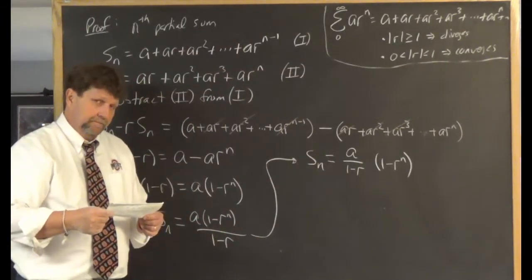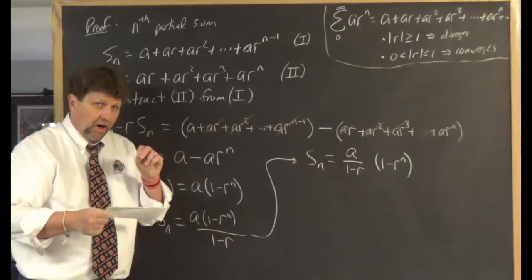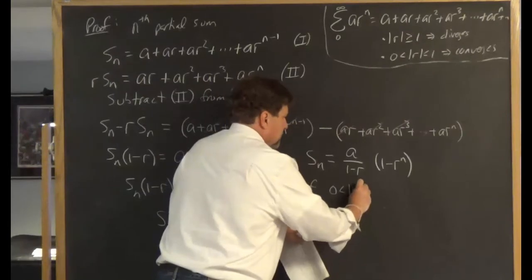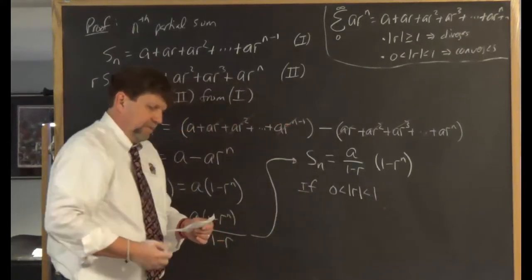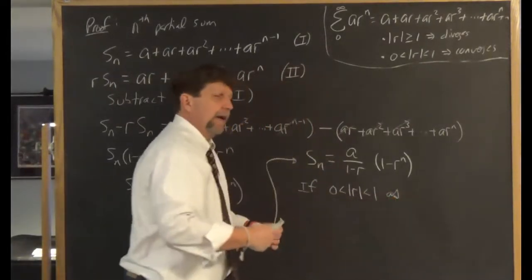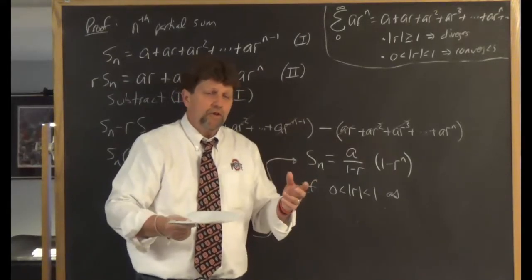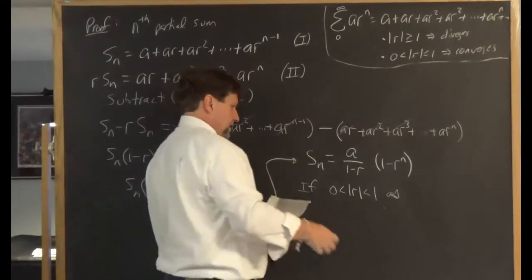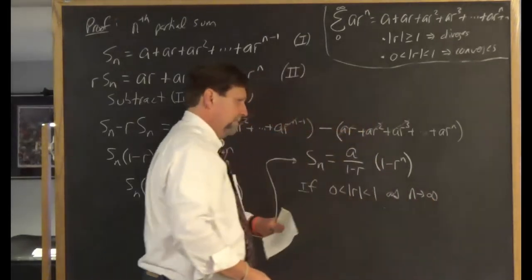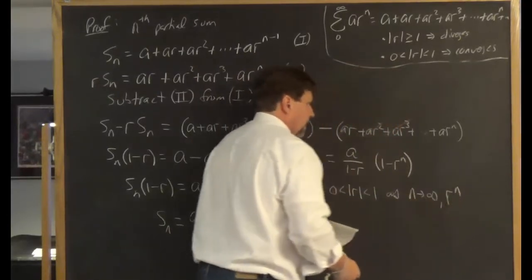Alright, so here's the deal. If the absolute value of r is between 0 and 1, so if r is, say, 1/2 or 1/4 or 7/8 or 15 over 23, just somewhere between 0 and 1, as n heads off to infinity, think about r to the n.